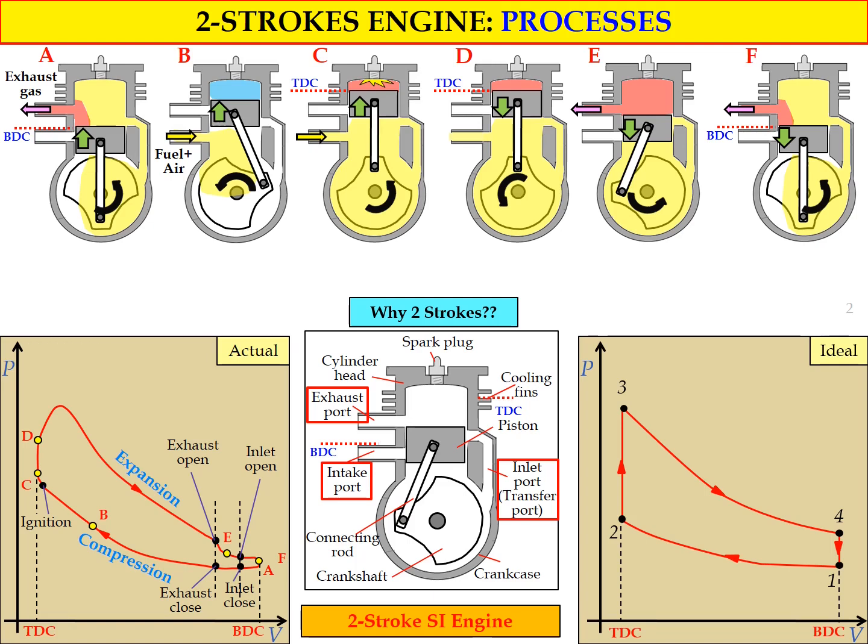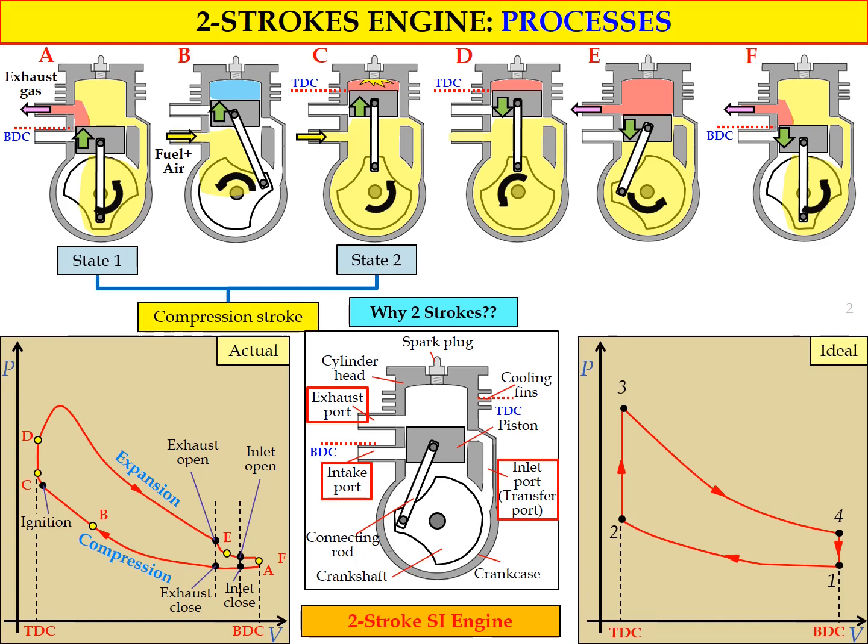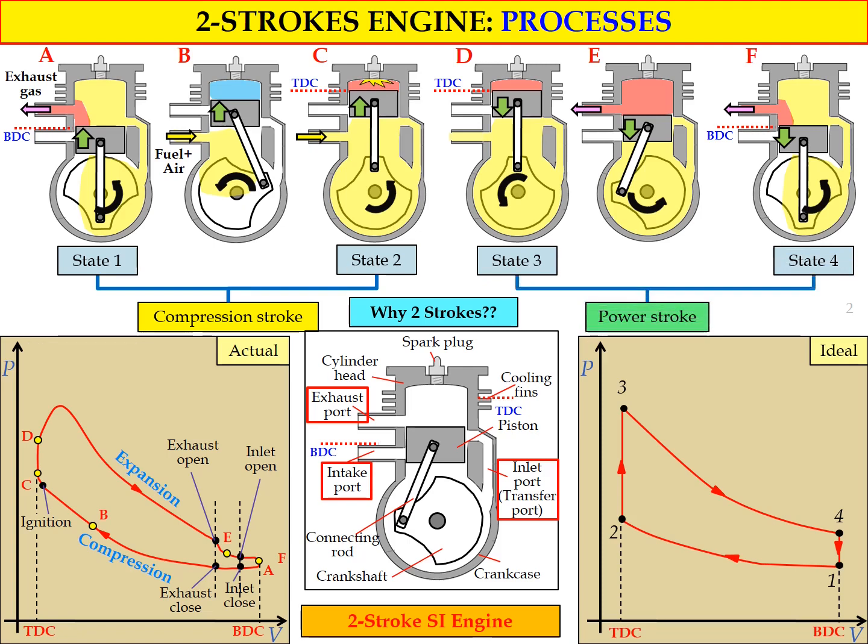Okay, so now if we compare the ideal PV diagram and the schematic diagram, state number 1 is represented by figure A, state number 2 by figure C, and this involves one stroke from BDC to TDC. We call this process the compression stroke. State number 3 is represented by figure D, and state number 4 by figure F. This also involves one stroke, which we call the power stroke.